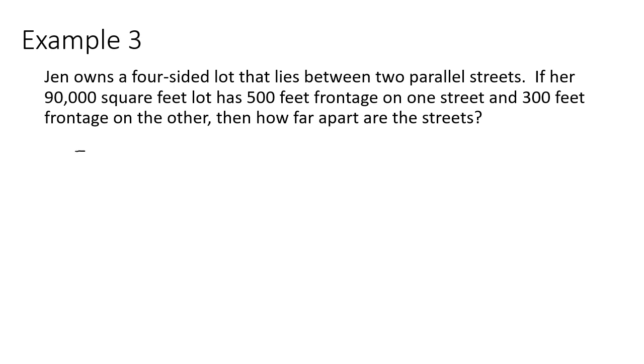So we've got 2 parallel streets. So they're traveling in the same direction, but not overlapping with each other. And then we've got a lot in between, and this lot has 300 feet of frontage on one street, so that's basically the border of the lot and the street, and 500 feet of frontage on the other street.